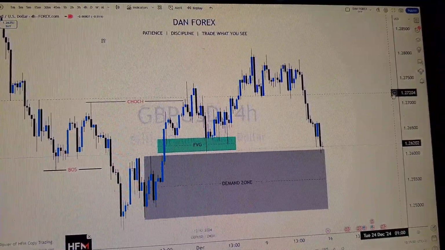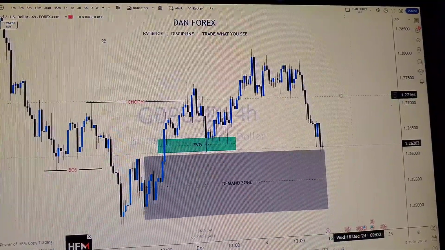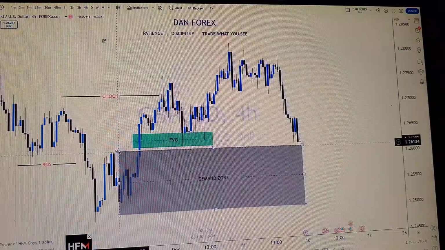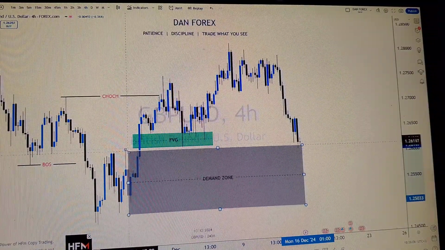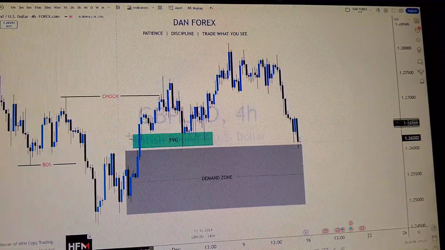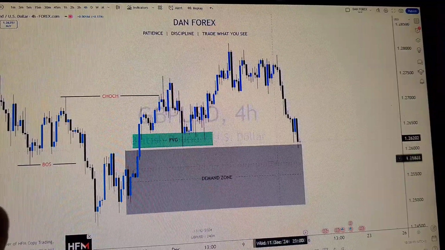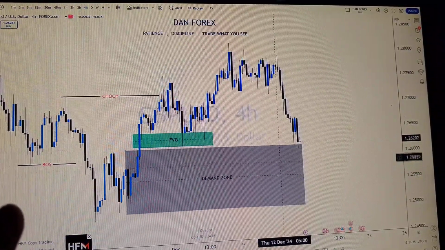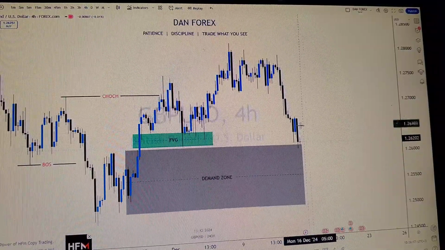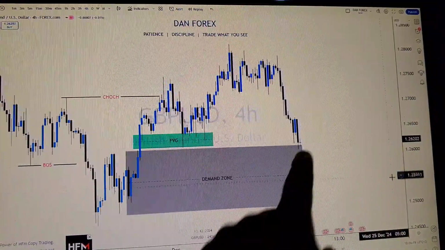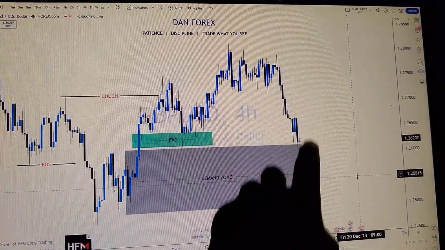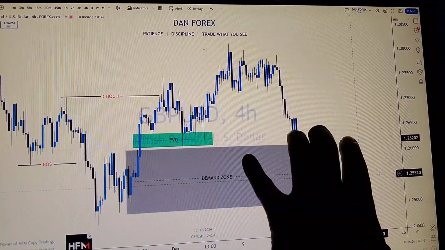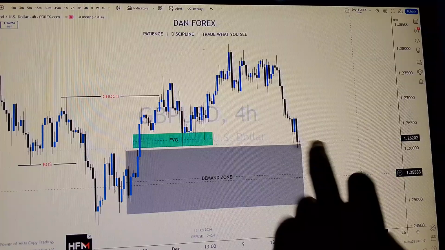We can refine this demand zone, or rather we can just leave it there, because we need to see a change of character inside this demand zone, a change of character around here to go long.